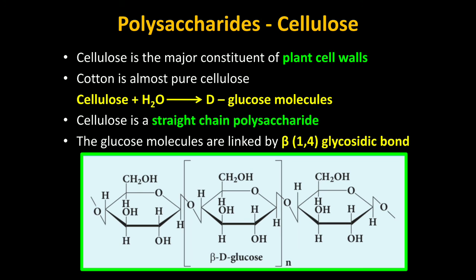So cellulose is made up of glucose molecules linked by beta 1,4 glycosidic bonds. This is the structure of cellulose. It is a straight chain polymer of glucose, and the glucose molecules are held together by beta 1,4 glycosidic bonds.